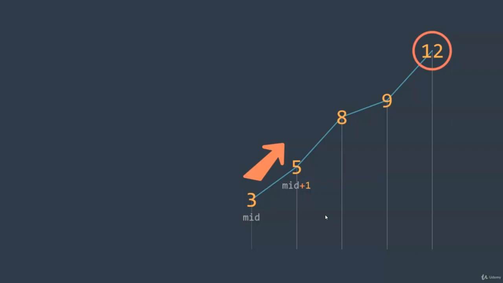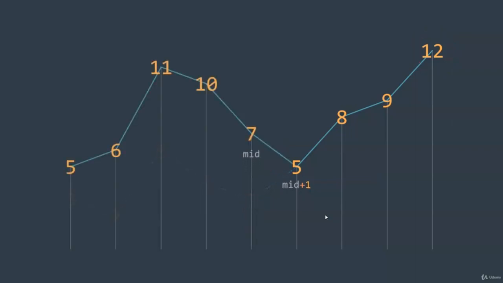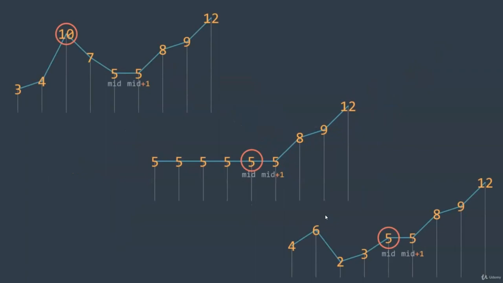Okay, but what if the element at mid is not smaller than the next element? In that case, it means that we either have an increasing sequence of elements from the right that starts from the index mid plus 1, or a stable sequence of elements. For the increasing sequence, we've seen that we always have a peak, and for the stable sequence, we also always have a peak. Here are the three scenarios. When the stable sequence increases at some point, then we have an increasing sequence.